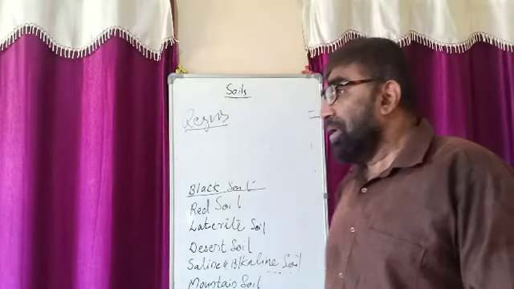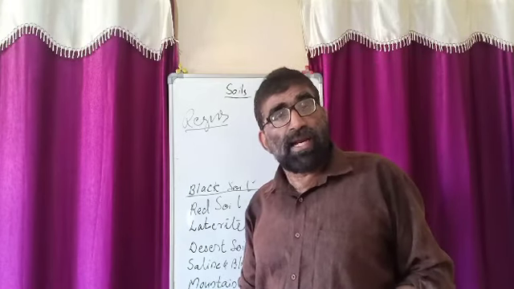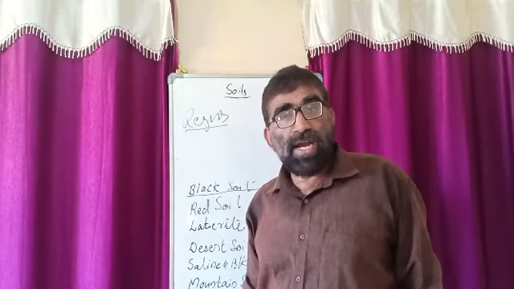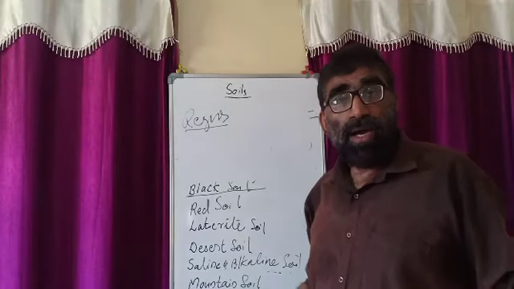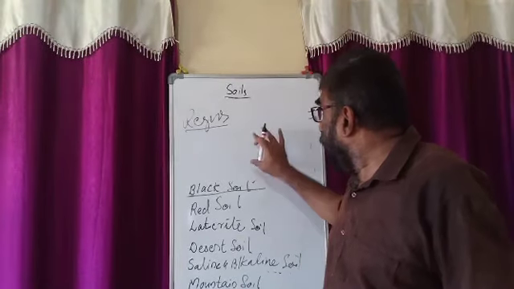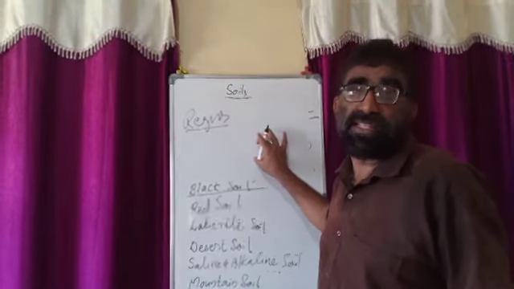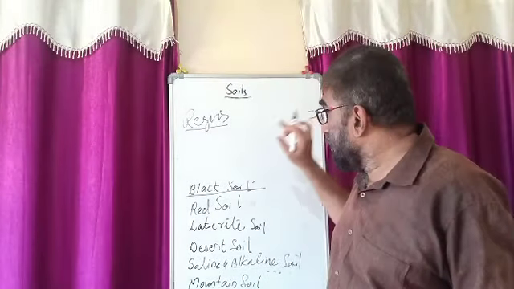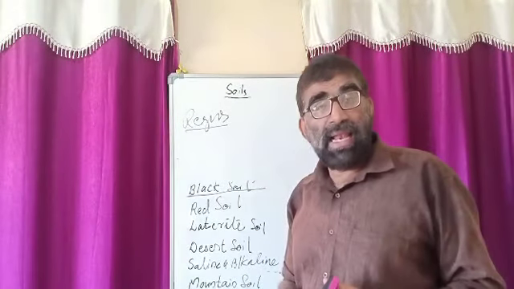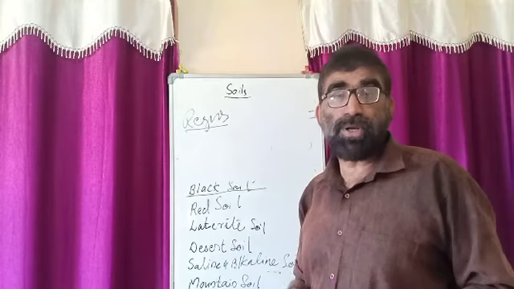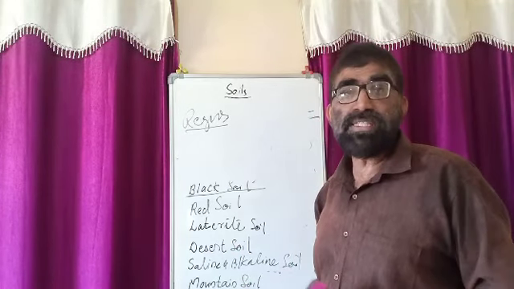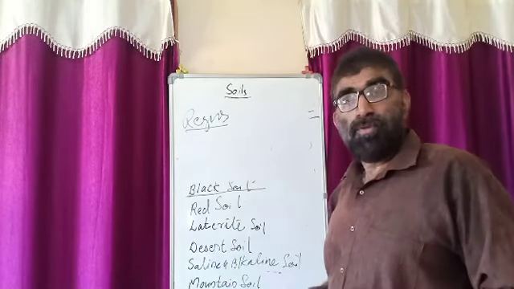This soil has almost all types of minerals: iron, potash, lime, alumina, magnesium, carbon, all these minerals are found. But black soil lacks phosphorus and humus.